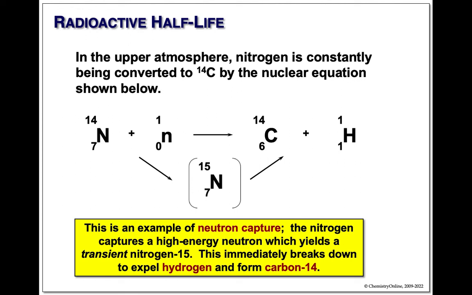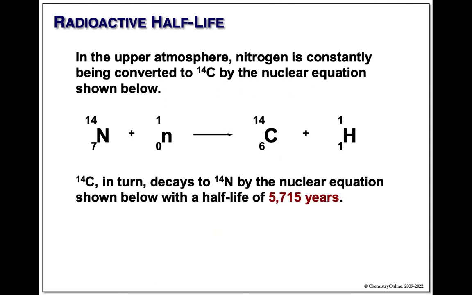It's balanced. Now, carbon-14 is the radioactive isotope of carbon. It emits a beta particle with a half-life of 5,700 years. And when it does, it forms nitrogen-14 again.